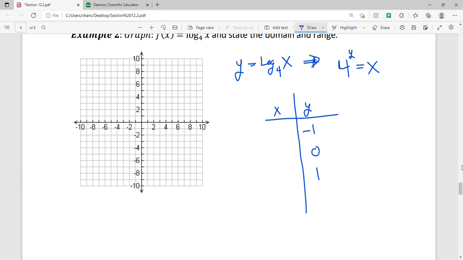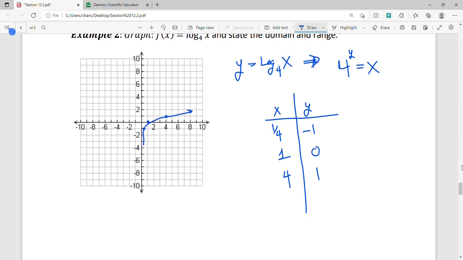4 to the -1 is going to give me 1/4. 4 to the 0 is going to give me a 1. And 4 to the 1 is going to give me 4. You could definitely pick more points, it just might not fit on your graph. 1/4, comma, -1. 1, comma, 0. And 4, comma, 1. So we have this logarithmic function.